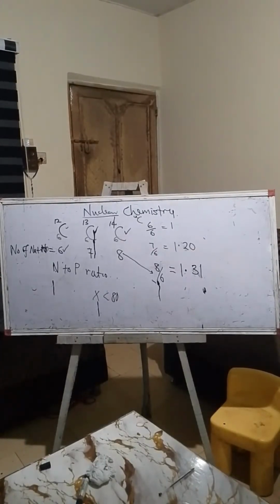Somebody is confirming for me that alpha particle is stopped by a sheet of paper and beta particle is stopped by foil paper. Okay, thank you. Alpha particles are stopped by a sheet of paper and beta particles are stopped by aluminium foil.